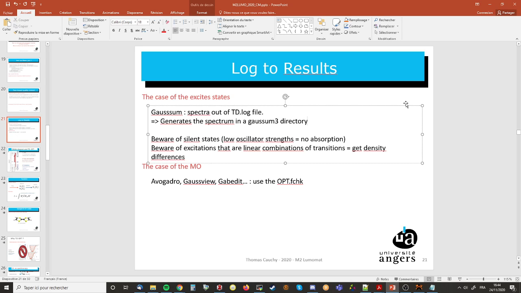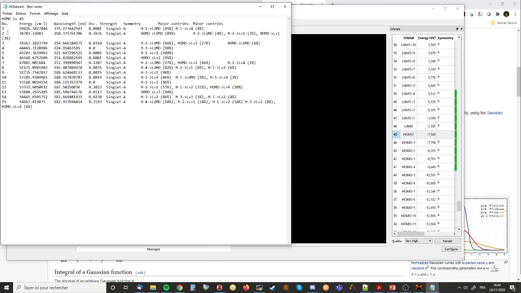If you open the UV data, you have the excitations in a table, with the energy, the wavelengths, the oscillator strength, the symmetry, whether it's a singlet or a triplet, and the transition.